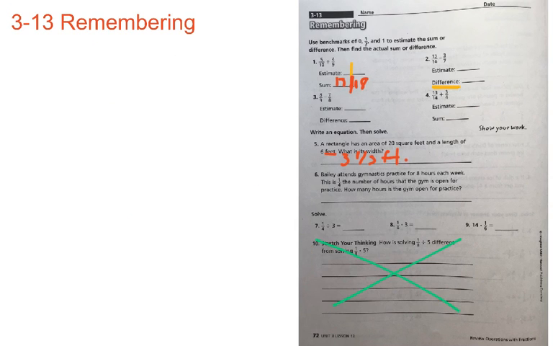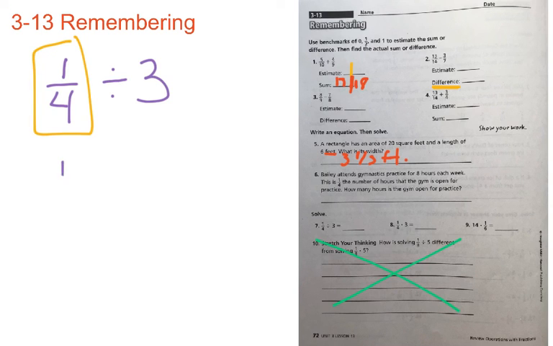We're going to go ahead and look. We have a division with fractions and multiplication with fractions for 7, 8, and 9. And we'll go ahead and complete 7 together, and we're going to remember keep, change, flip. So our equation for number 7 says 1/4 divided by 3. So we're going to keep our first number the same, 1/4.